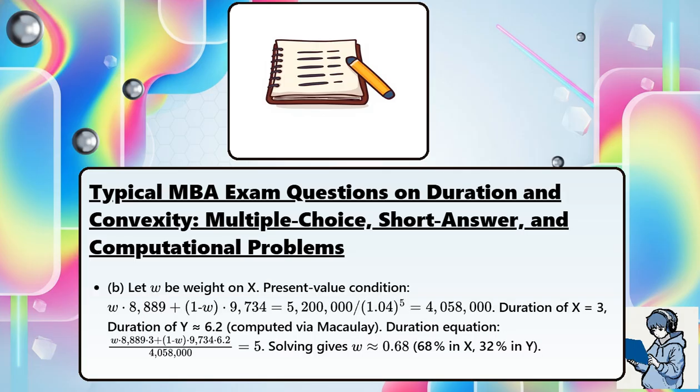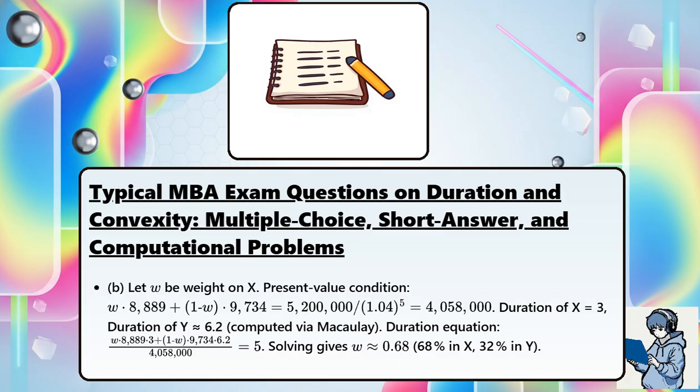Part B. Let W be the weight on X. Present value condition: W times 8,889 plus (1 minus W) times 9,734 equals 5,200,000 divided by 1.04 to the fifth power, which equals 4,058,000. Duration of X equals 3, duration of Y approximately 6.2, computed via Macaulay.